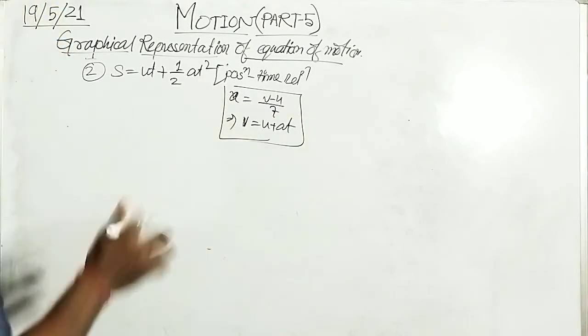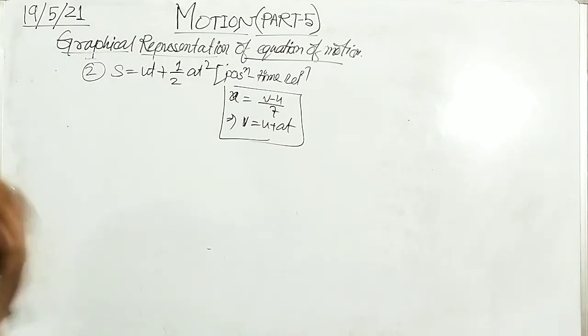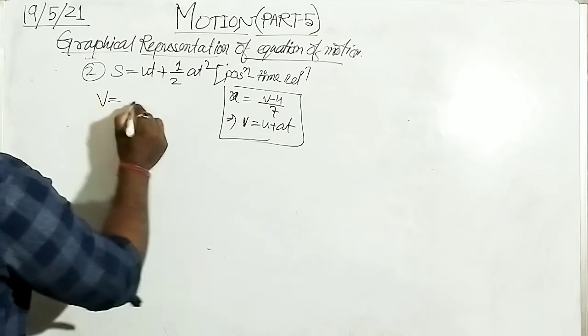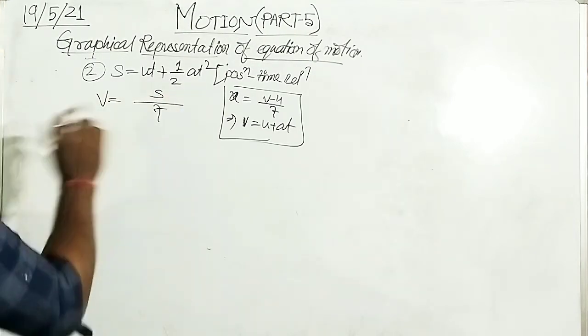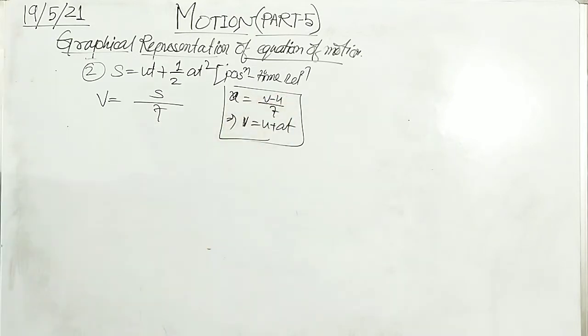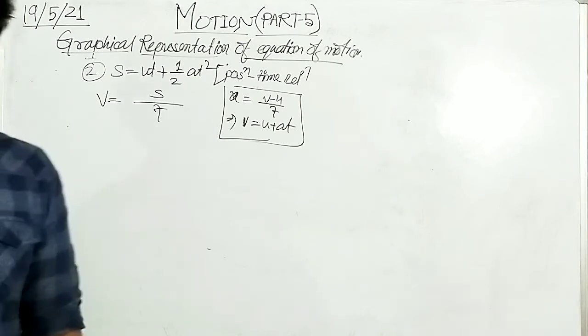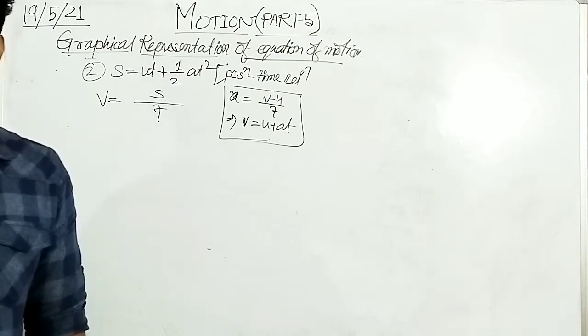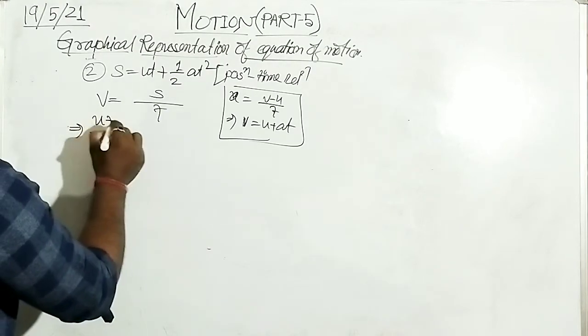We know that velocity has a formula: displacement by time. If there are two velocities u and v, I told you when we were discussing velocities that if the velocity is changing uniformly, that velocity is given by u plus v by 2.